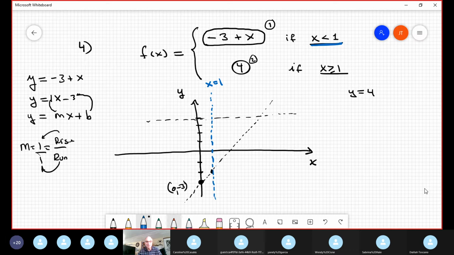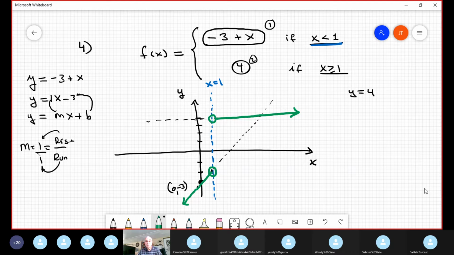Therefore, my graph looks like that. Here I put a circle, another circle, and I continue forever in this case. Okay, the green is the graph of the piecewise function.